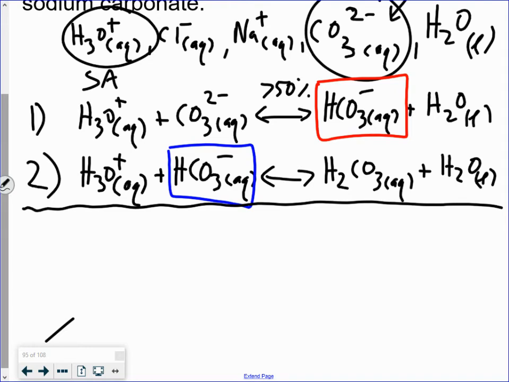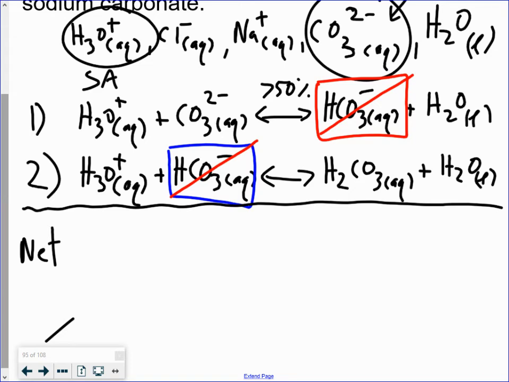The net reaction looks like this. Everything that's on the reactant side, I add up together, and everything on the product side, I add up together. But entities that are the same on either side are canceled out because they actually are not in the net anymore. So this and this, both of those are eliminated because they're the same on either side.